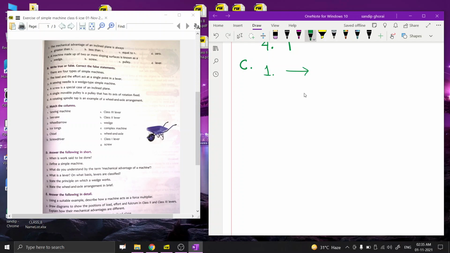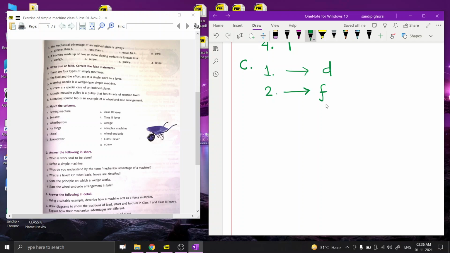So one goes with D, and the next one is seesaw. Which type of simple machine is a seesaw? A seesaw is simply a class 1 lever, so it goes with F, because for a seesaw the fulcrum is in between load and effort.